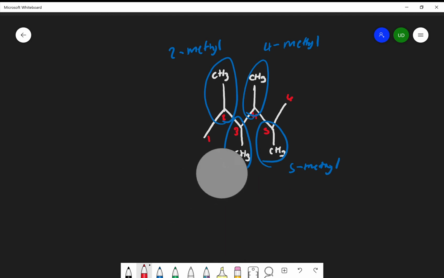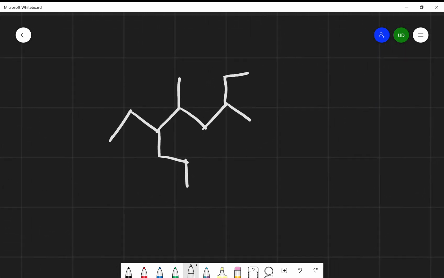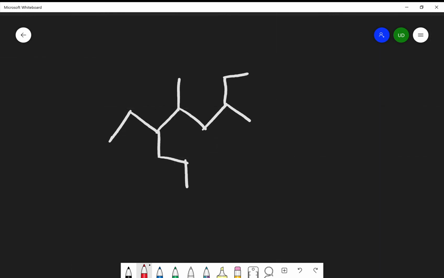Let's do a more complicated one. So here, let's draw this. For this one, we have to find the longest carbon chain.